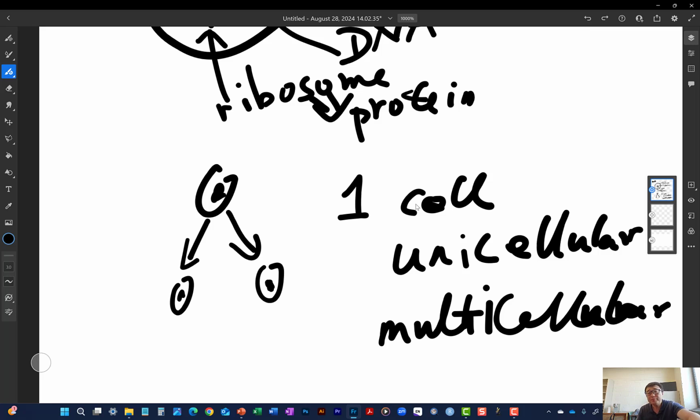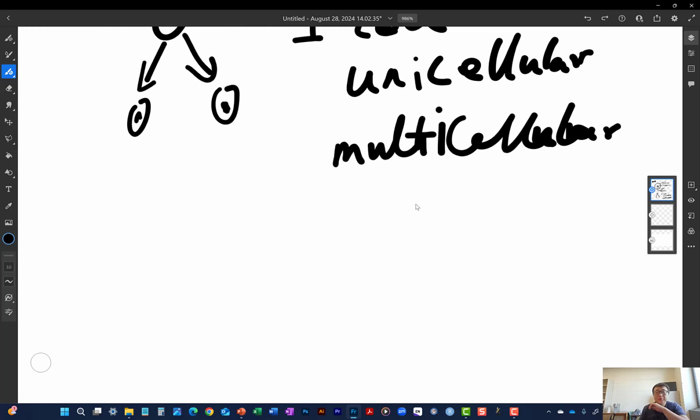So what kinds of organisms are unicellular? In nature, we can categorize all forms of life into six major categories.